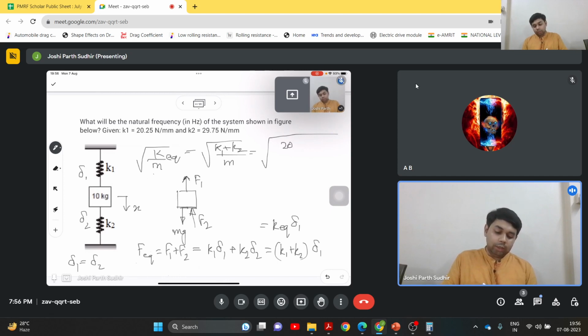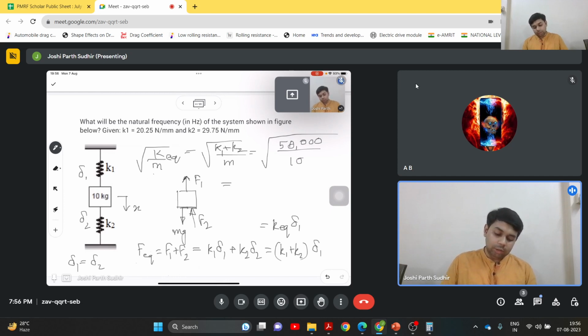So 20.25 plus 29.75 adds up to 50. The unit is Newton per mm, so be careful about the units. It is the same as writing 50,000 divided by the mass, which is 10 kg.